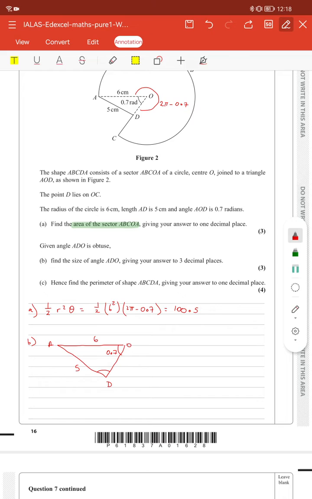So we can use the sine rule, and we can say sine theta over 6 is equal to sine 0.7 over 5. Sine theta, where this is theta, would equal 6 sine 0.7 over 5. So theta would equal sine minus 1 of 6 sine 0.7 over 5, and it wants it to one decimal place.